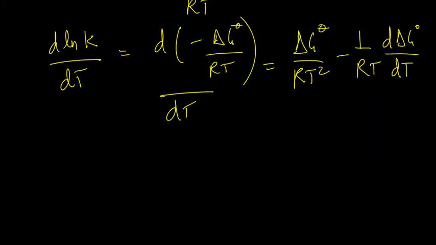And I have to worry about d delta G naught by RT by dT. We fix the pressure, right? The pressure is constant. We're doing this reaction at a constant pressure, and now we want to see the variation of delta G as a function of temperature.